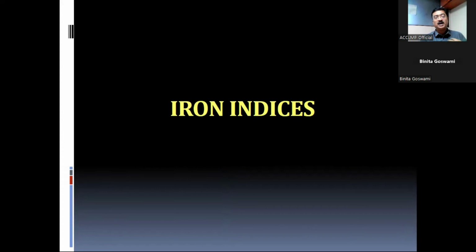I have been questioned several times how to diagnose iron deficiency anemia and what the stages are. As far as I know there are certain parameters like ferritin, serum iron, TIBC, and hemoglobin. If you want to diagnose iron deficiency, the earliest parameter to be affected is ferritin. Next serum iron, and next hemoglobin.